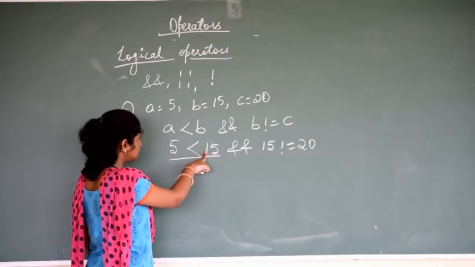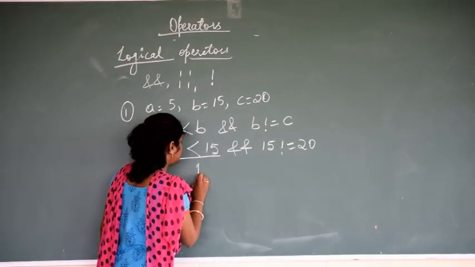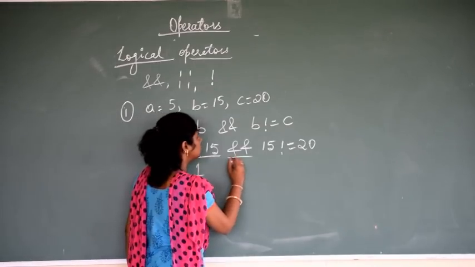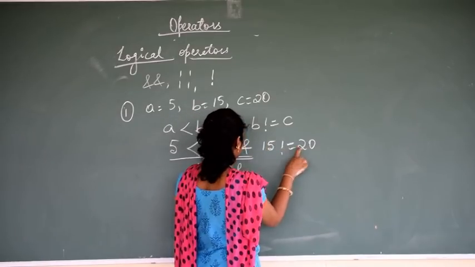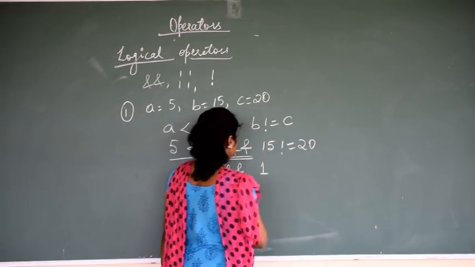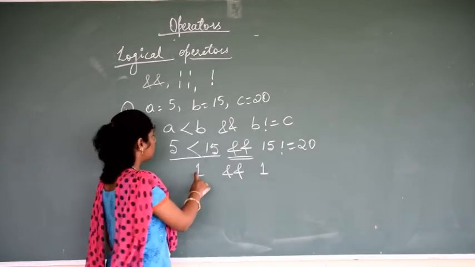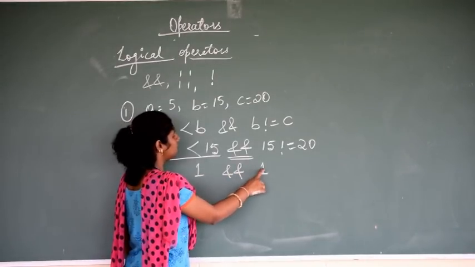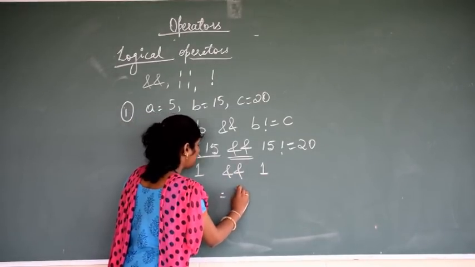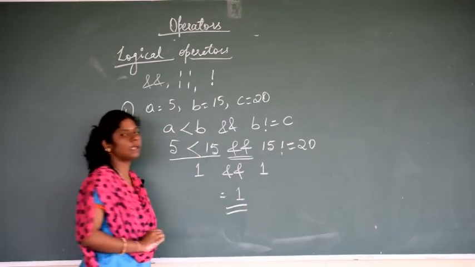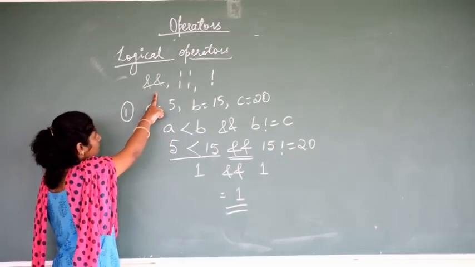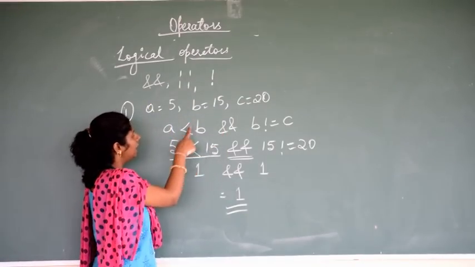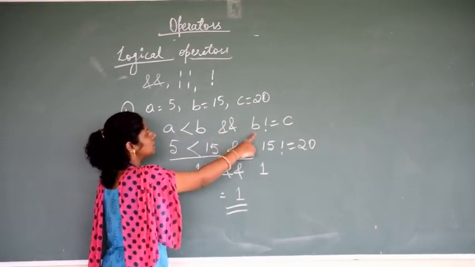The condition is true, so this evaluates to 1, and we are using logical AND operation. 15 not equal to 20 is also true, so we get the value as 1. So 1 logical AND 1 will evaluate to 1 according to the truth table of logical AND operation. So the logical AND operation will be used in combination with the relational operators.